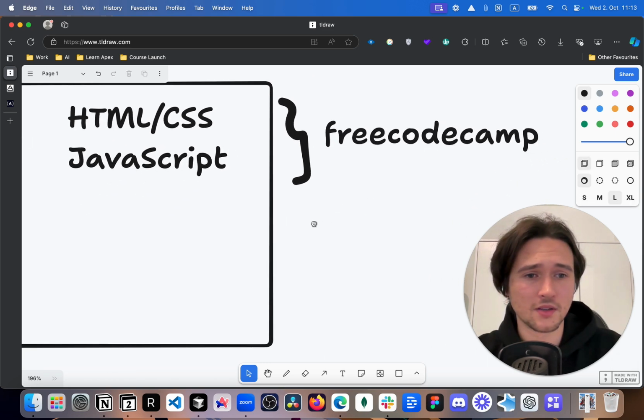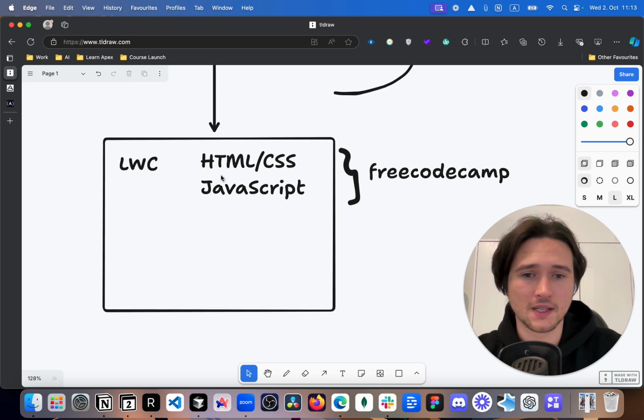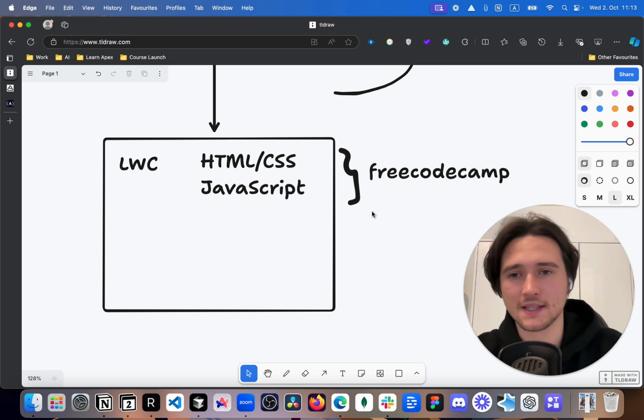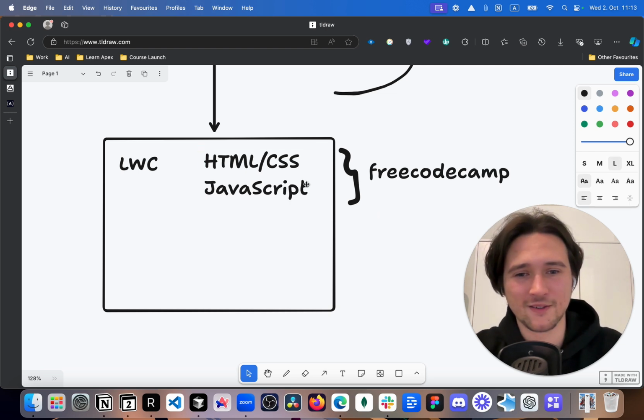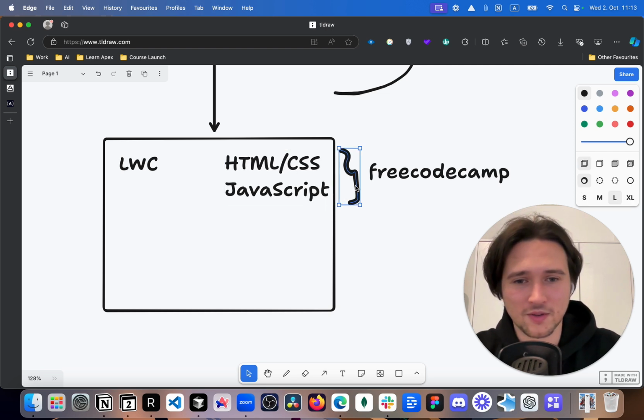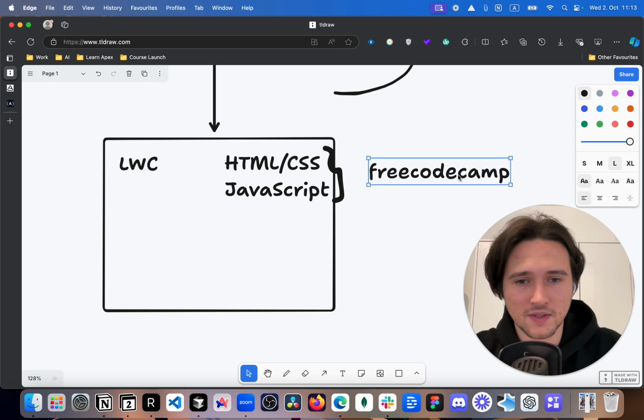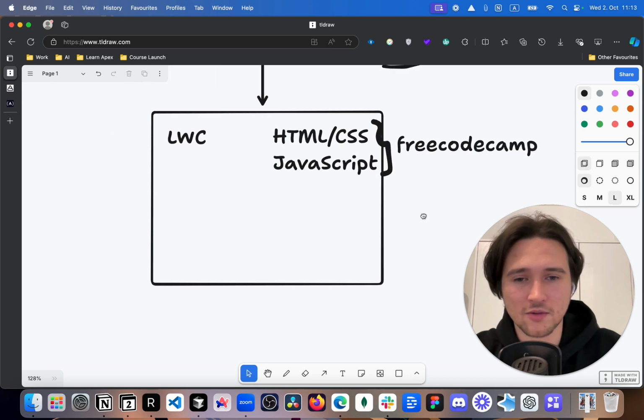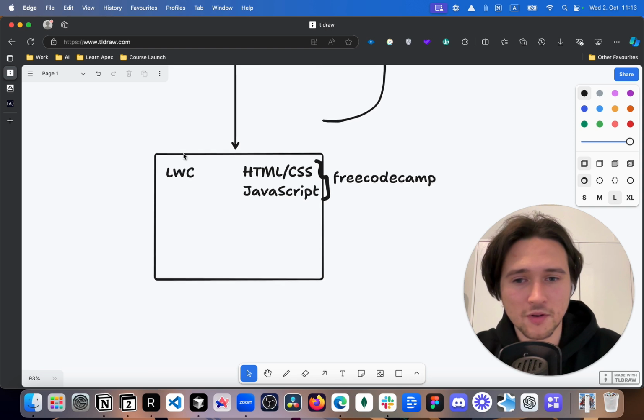You can absolutely do it in your free time. I usually don't spend time explaining HTML and CSS because, well, can I do it better than Free Code Camp? I don't think so. They spent literally probably the last 15 years trying to make a good course on it. So I'm not doing this. This Free Code Camp is a good choice. If you want to brush up, before you can even start with LWC, you need to brush up your skills here.